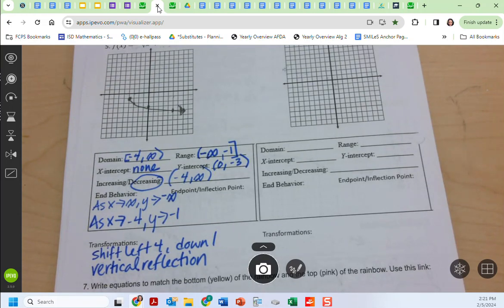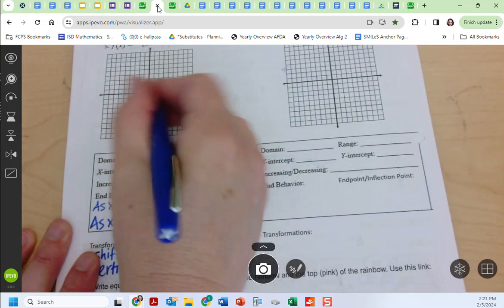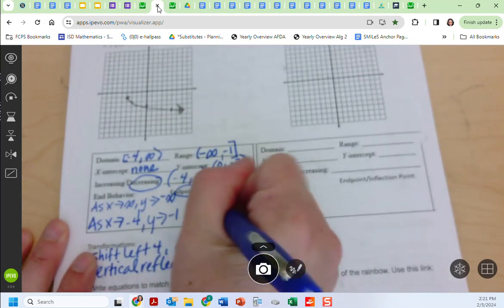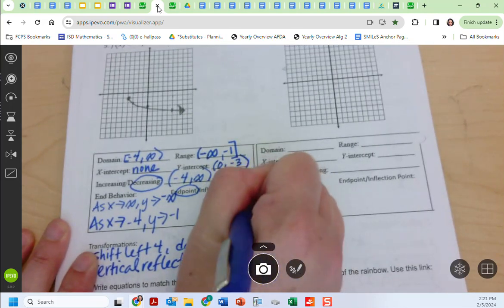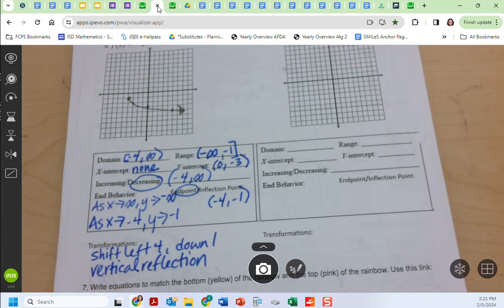Does this one have an endpoint? Has an endpoint, and the coordinates are -4, -1. All right, just one more until we get to do the fun one.